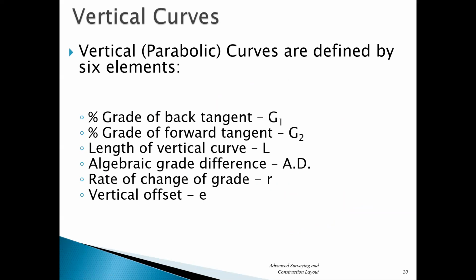We never ever talk about that on a parabola. We only talk about the horizontal distance. So that also keeps it simple. That's your station distances. Algebraic grade difference is the difference between the grades 1 and 2, AD it's called, and then your rate of change of grade, and then there's another offset called your E. So we don't use E too much, but we will use all these other guys in here.